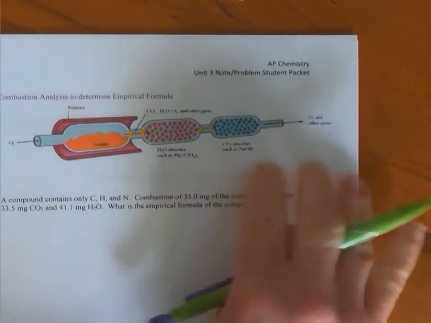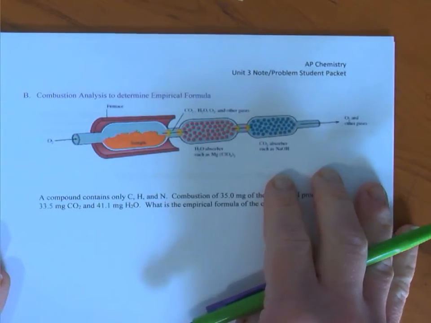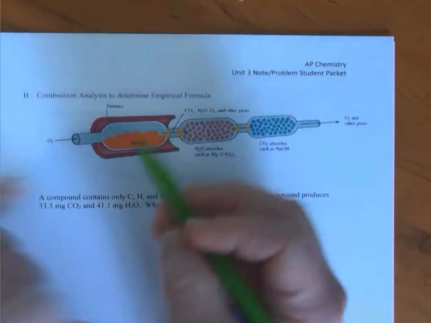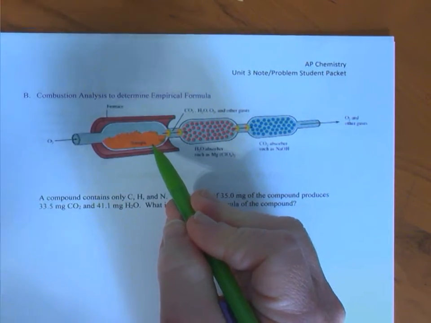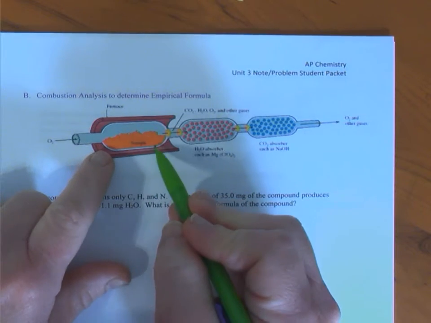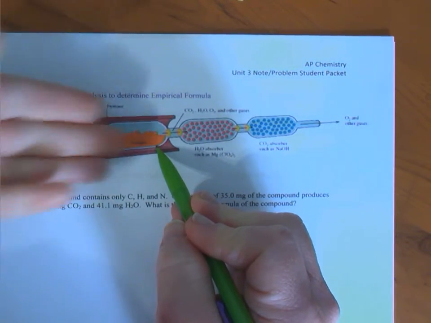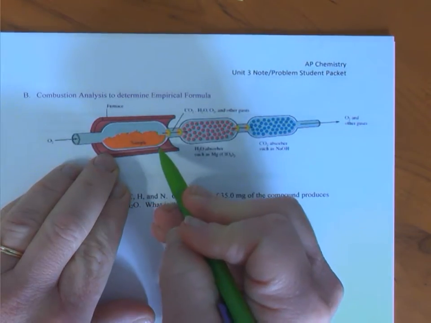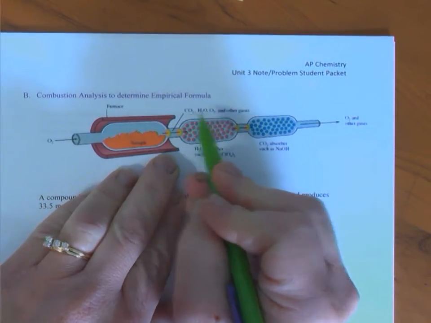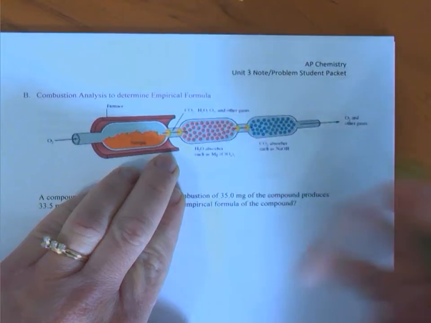To give a good image of the setup, imagine you place the compound that you're trying to find the empirical formula of in this reaction chamber, and then you flood it with oxygen and provide some kind of a spark. Well, we know again that carbon dioxide, water, and maybe some other products will come out.